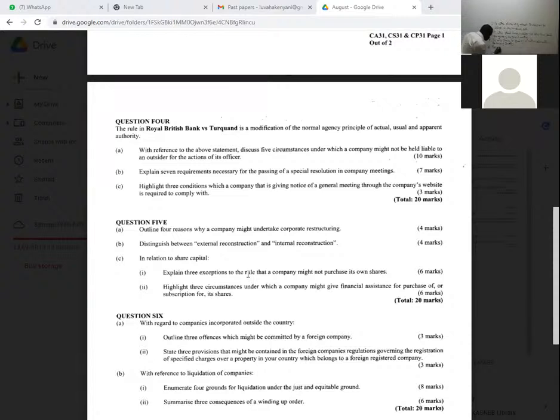The notice should be accompanied by a proxy form for shareholders not able to attend the general meeting, to appoint a representative or proxy.